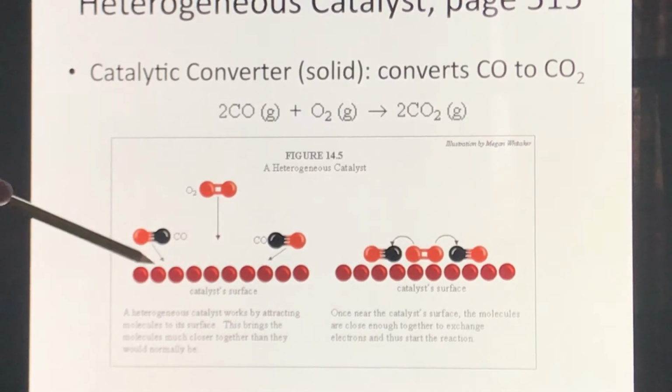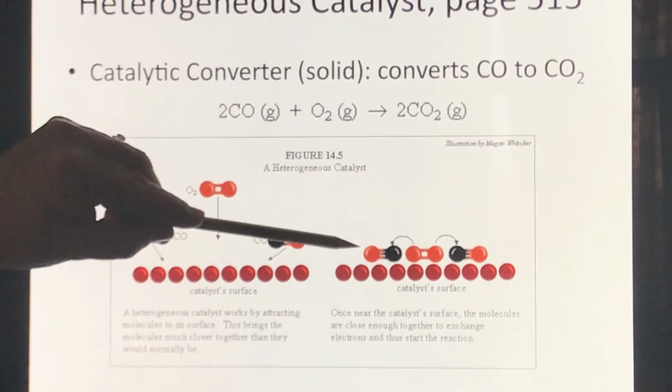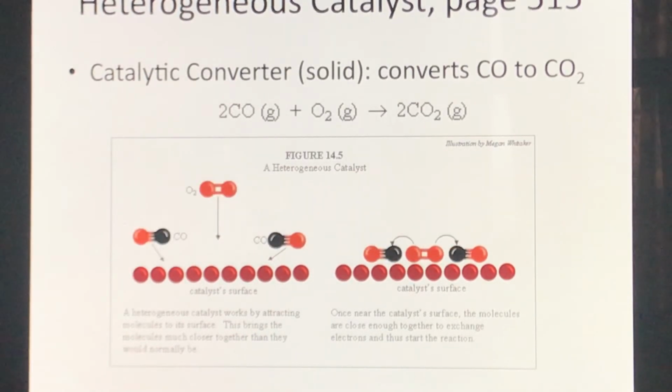And that all happens just on the surface of that converter, which is quite interesting. So the catalyst never changes. It just serves as a way of aiding the molecules to come in close proximity to one another.